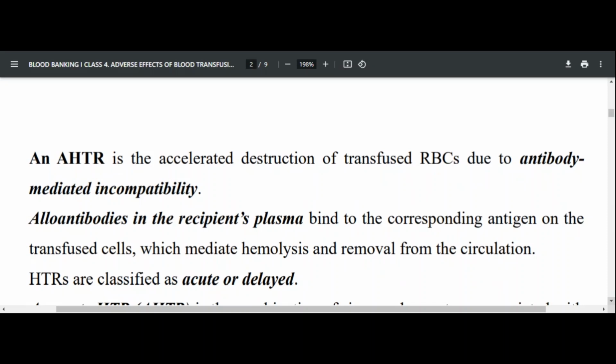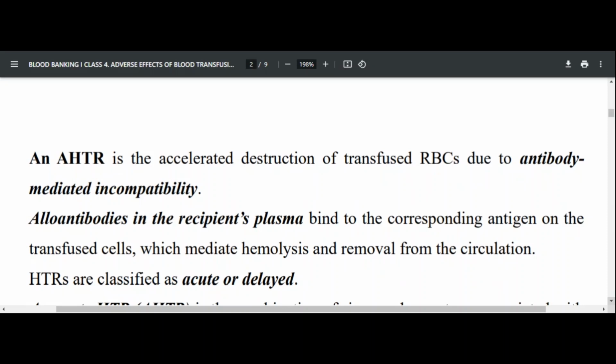This is about antibody-mediated incompatibility, which leads to accelerated destruction of RBCs. Antibodies in the recipient's plasma will bind to the corresponding antigen on RBC and then mediate hemolysis and removal of those RBC from the circulation.